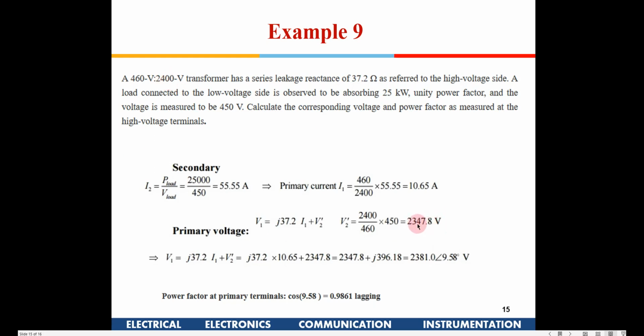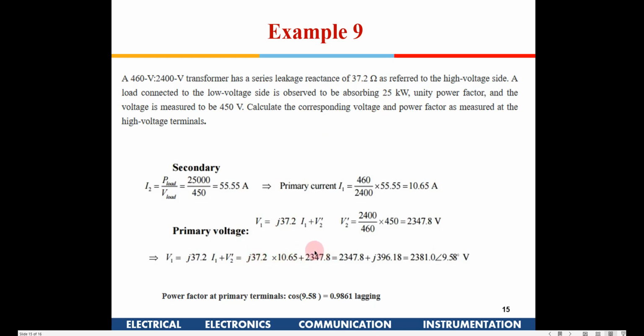Now there is also a current flowing in the primary which we computed here as 10.65, and on the high voltage side there is a reactance available. So you need to multiply it with j37.2. So you have to do these two together.